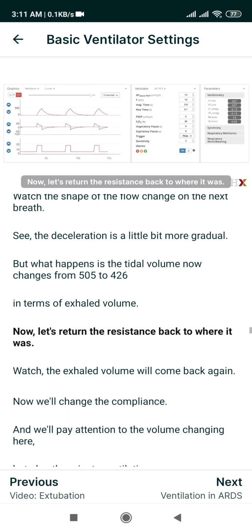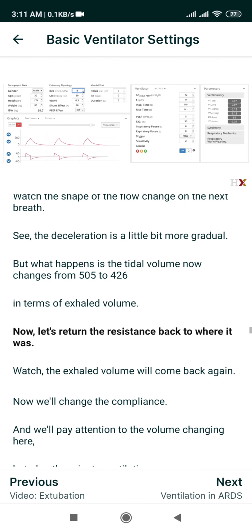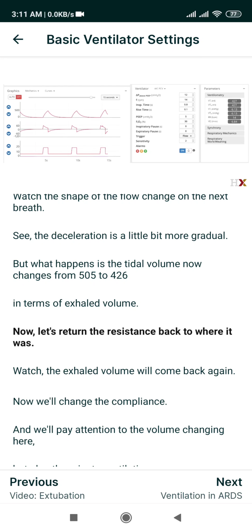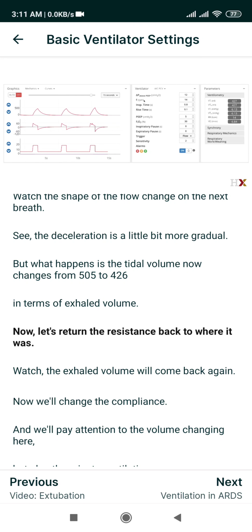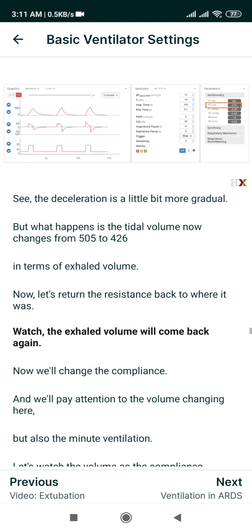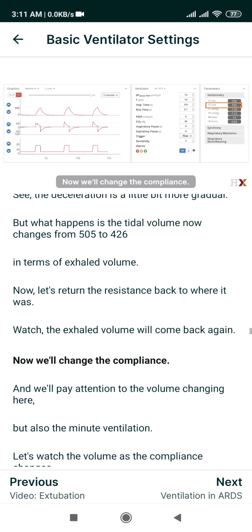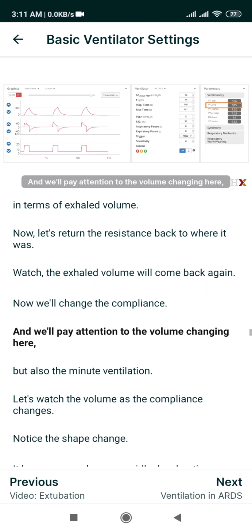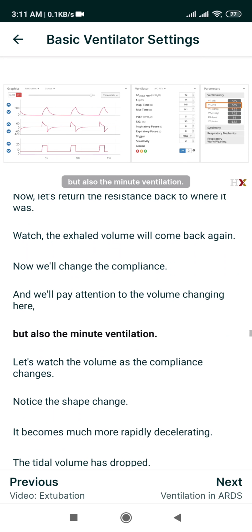Now let's return the resistance back to where it was. Watch, the exhaled volume will come back again. Now we'll change the compliance, and we'll pay attention to the volume changing here, but also the minute ventilation.